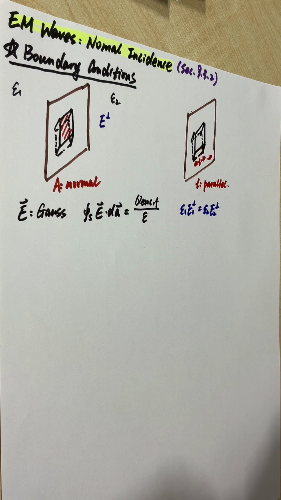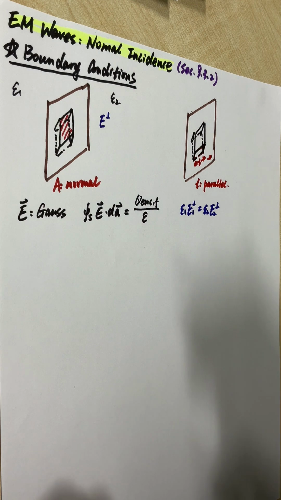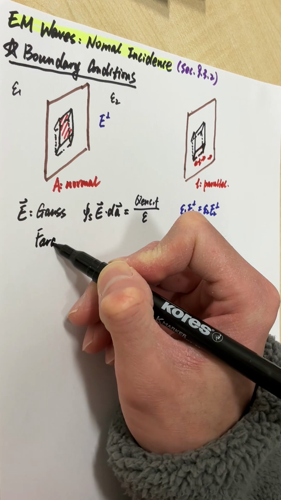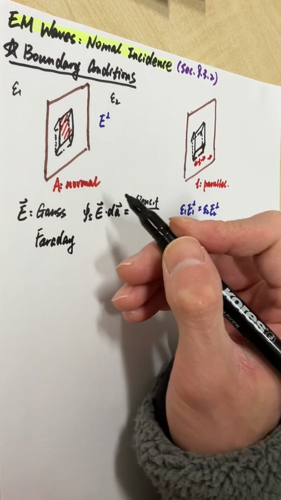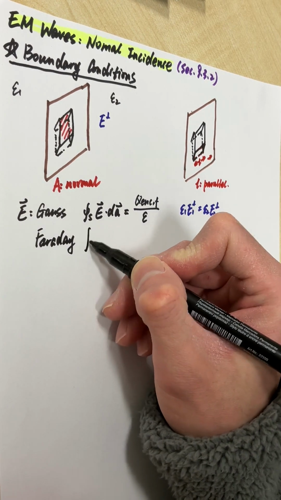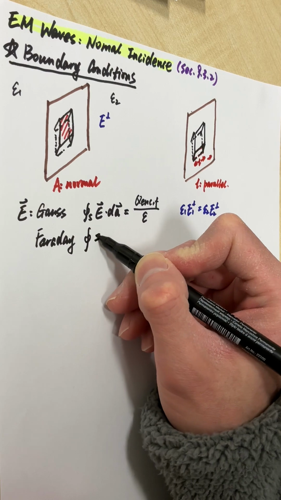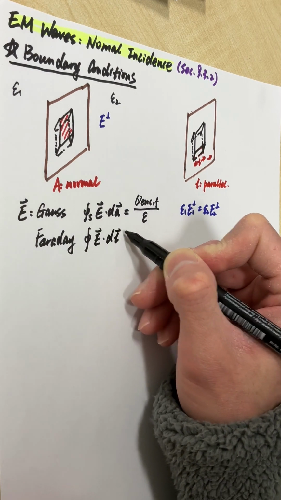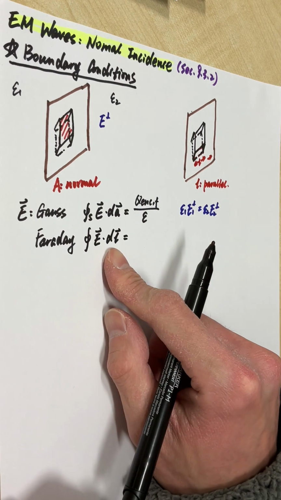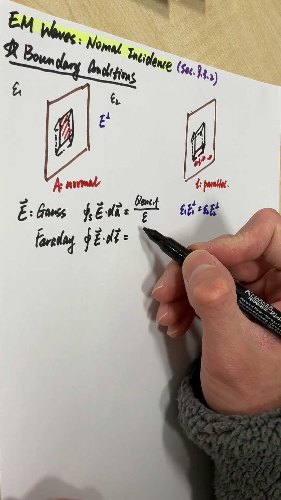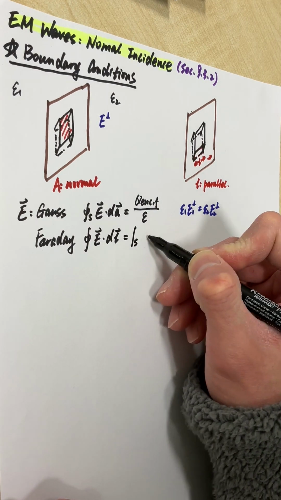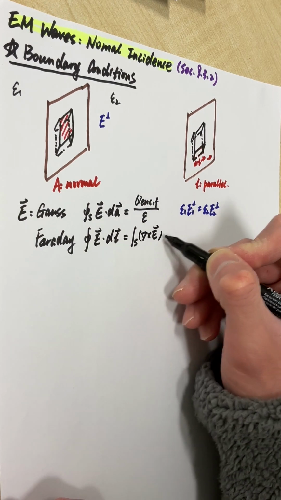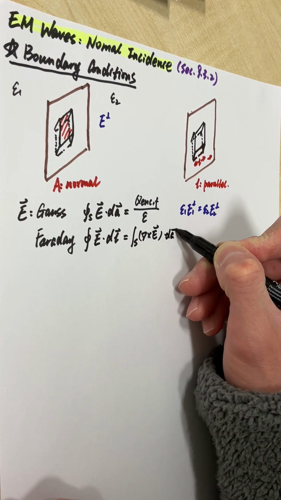So for the line integral, we have Faraday's law for the E field, where we have the closed line integral E dot dl. We call it the fundamental theorem for curl. So we have the surface integral of the curl of E dA.